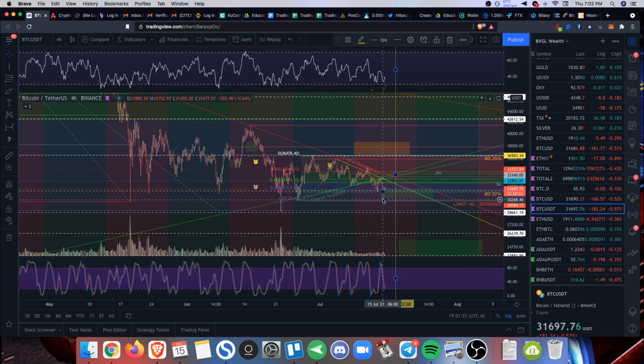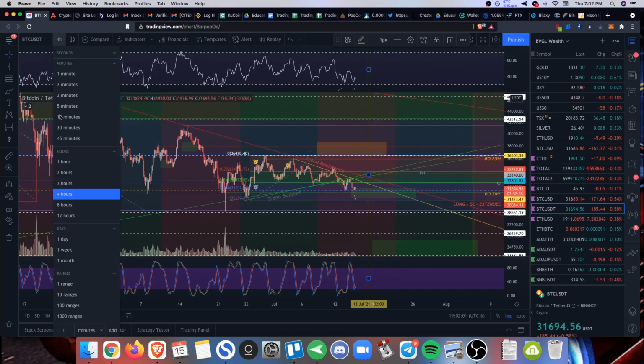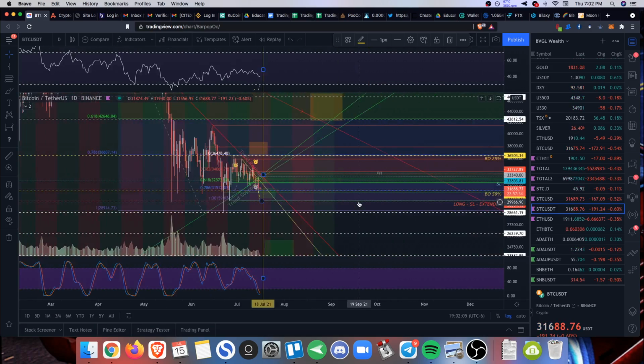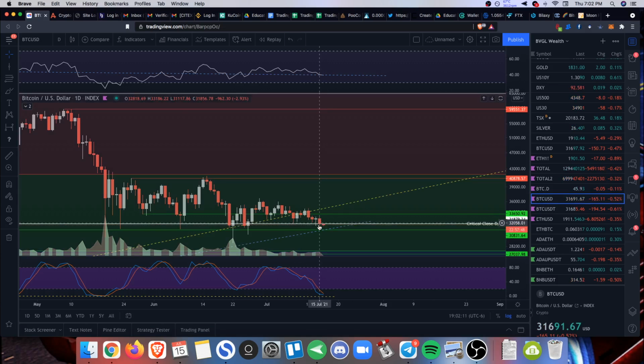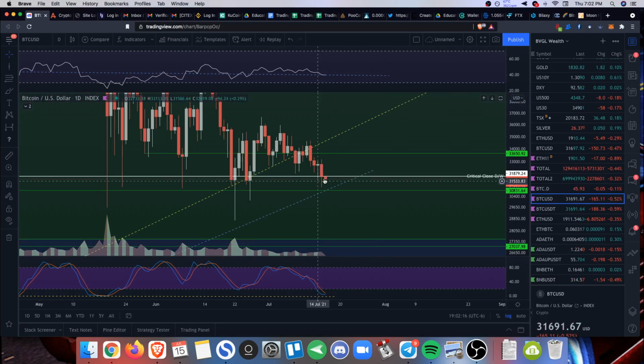A daily close below a support line, like we talked about, is the first indication that we're going lower. And we did close, like I showed you, just barely under this critical close, and it's not looking good on the short-term momentum to push us up above this.